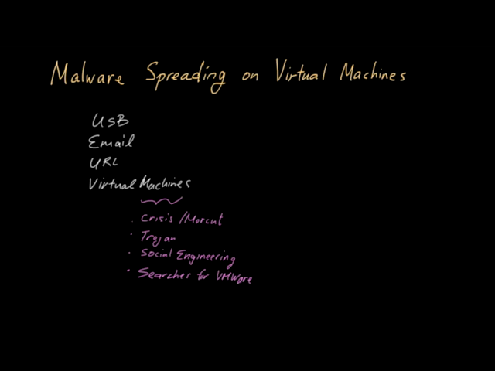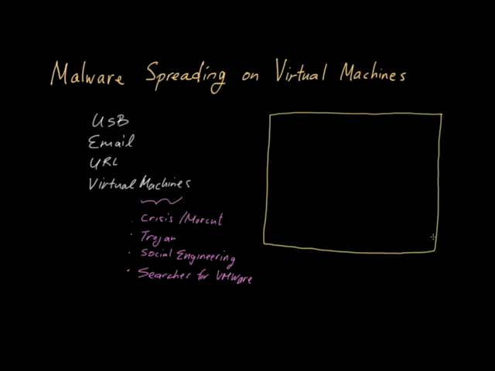Maybe I should take a step back here and let's think about this for a moment. Let's say you've got a physical machine. At the end of the day, what is a VMware instance? Well, on a physical machine, you'll have a hardware layer at the very bottom, and that'll include things like a floppy drive and a hard drive and memory and a CPU and so on.